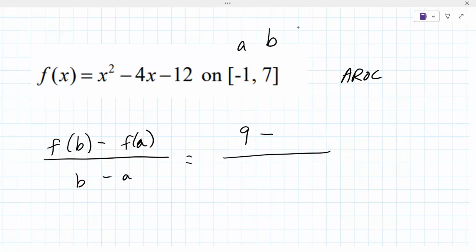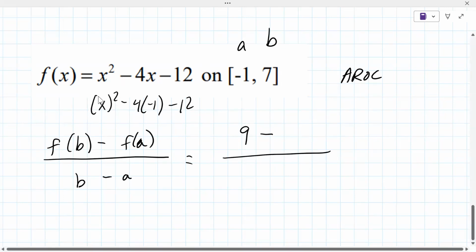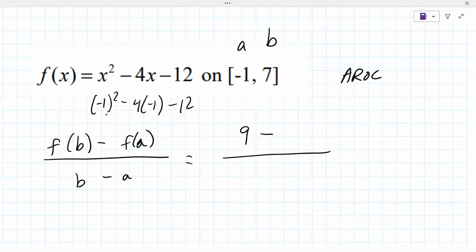For -1, remember I mentioned you really want to treat it like the variable is in parentheses. So it's 1 minus -4. Well, there's the issue. It's -4 times -1.